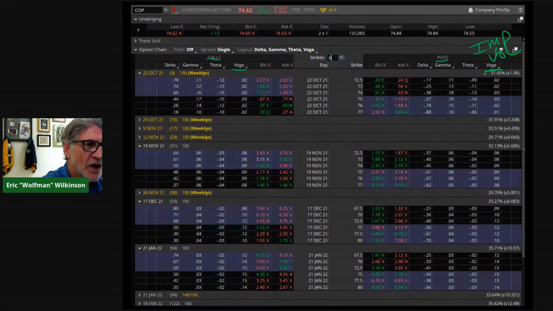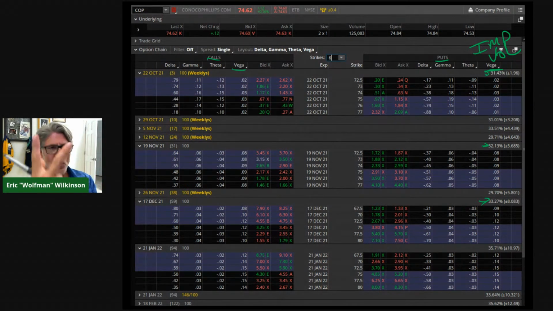And we need to know what these numbers are right here. All of these things are in percents, right? Well, what that tells us is the implied volatility for ConocoPhillips, all right? So we aren't looking at it as just 32. What we're looking at it as is 32 in relation to what ConocoPhillips usually is. Is 32 high or is 32 low?